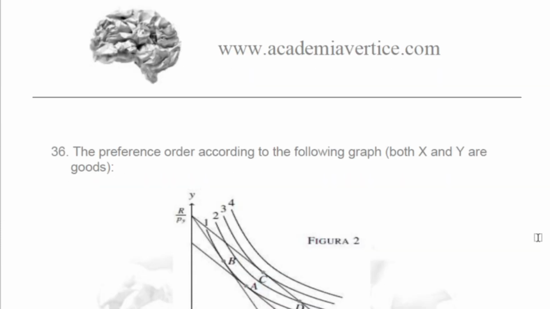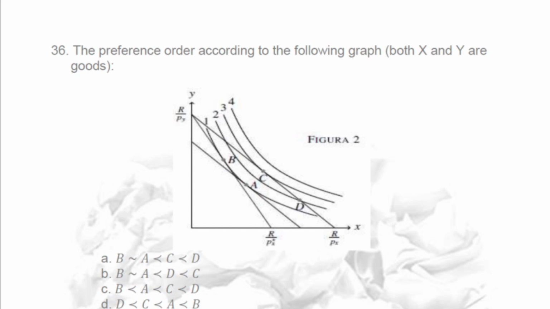Well, the preference order according to the following graph, both X and Y are goods, is, well, A and B lay on the same indifference curve, so they are equally desirable. So A and B are equally desirable.